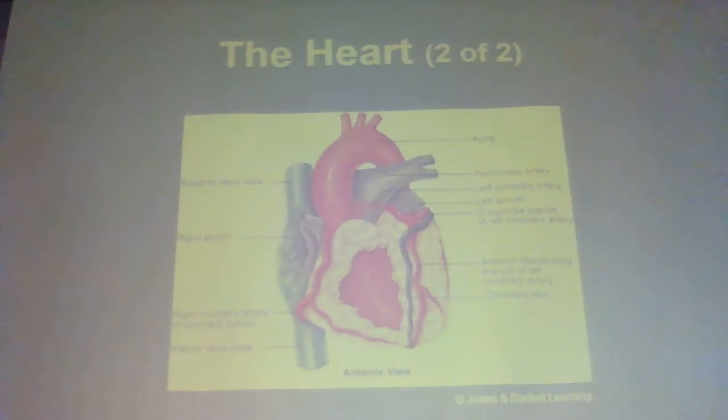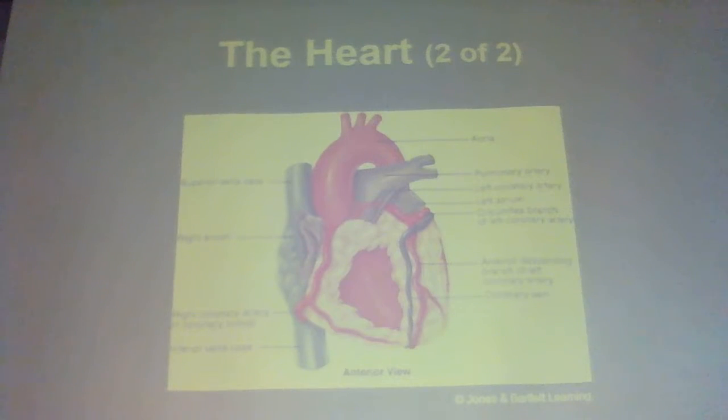Now down below there, it talks about the PDA, posterior descending artery. That's the coronary artery that perfuses the back of your heart. And this is where the normal distribution patterns exist. So 90% of the population are considered right dominant. 10% are considered left dominant.